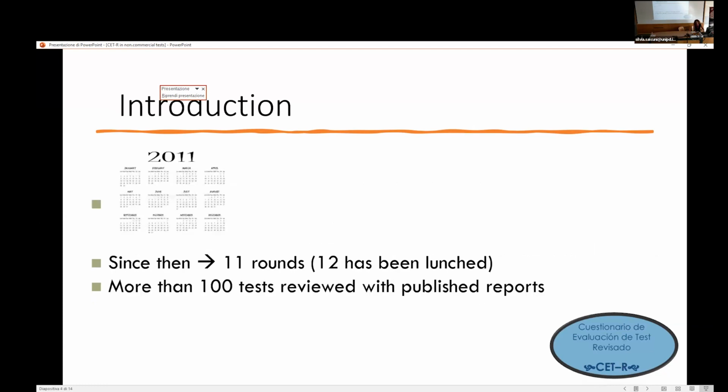Even if the model was proposed in 2000, we started applying it in 2011. The first results were published in 2012. Since then, every year we try to publish a new edition of these test evaluations. We have more than 100 tests reviewed so far, and the results are all openly available on the Spanish Test Commission website.